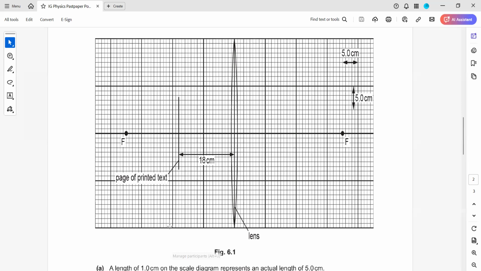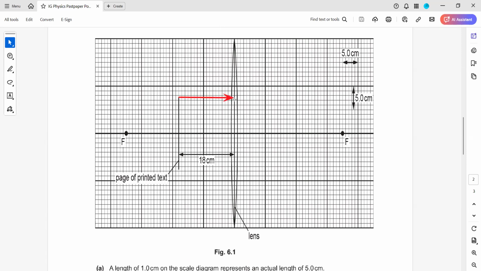So, how will we draw this virtual image? This is the first question of the quiz. First, a parallel light ray. From where should it pass through?